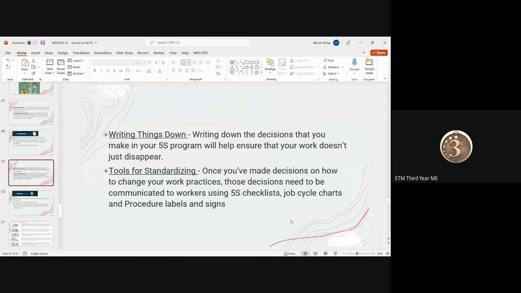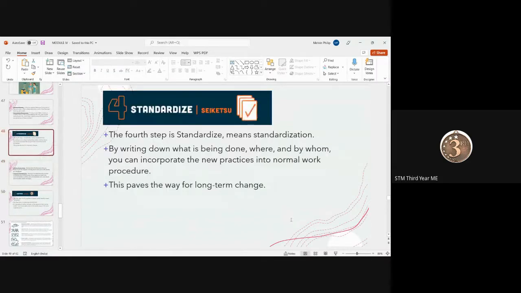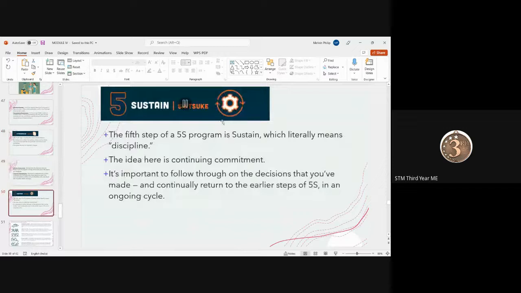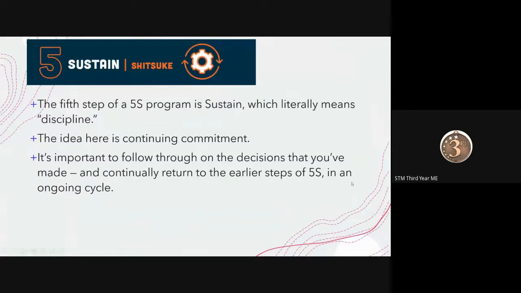So we studied, the fourth point was standardize. So next, the fifth point in the 5S system is sustain. So what is sustain? After standardizing comes sustain, and it literally means discipline. Okay. So why did you standardize the operation?